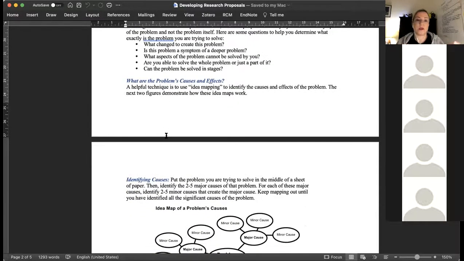And then you think about, what are the problem's causes and effects? A helpful technique would be to use idea mapping to identify the causes and the effects of the problem. So we're going to see the identifying causes and the identifying effects sample.